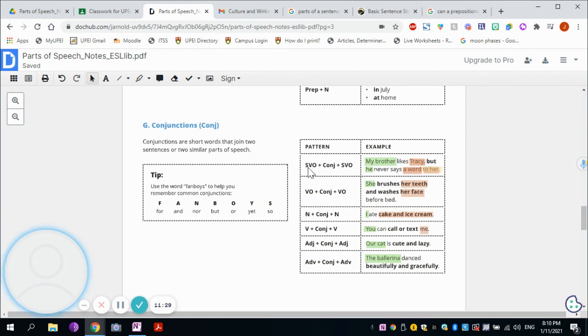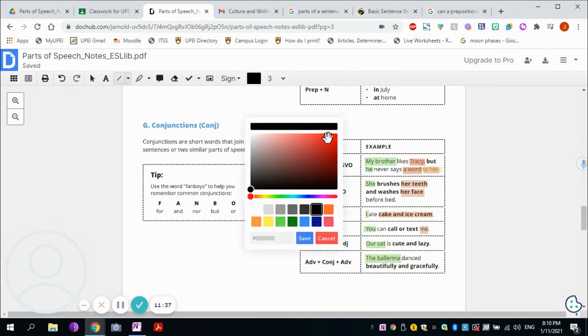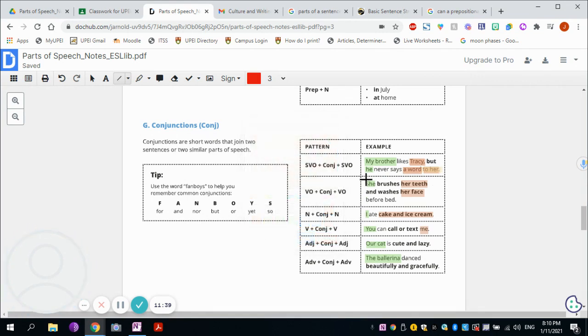So first we do subject, verb, object. And I can show you that. Let's have a look. I can say, here we have our subject and our verb and our object. My brother likes Tracy.